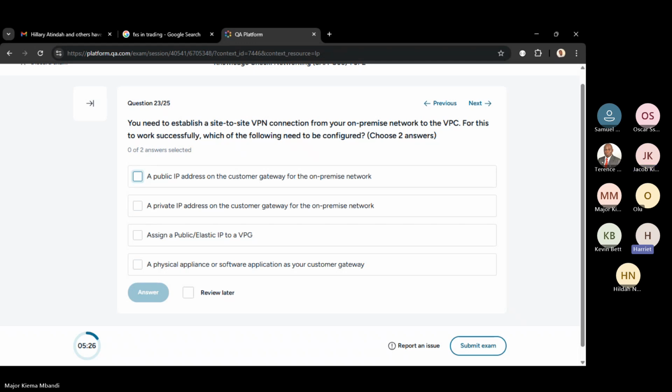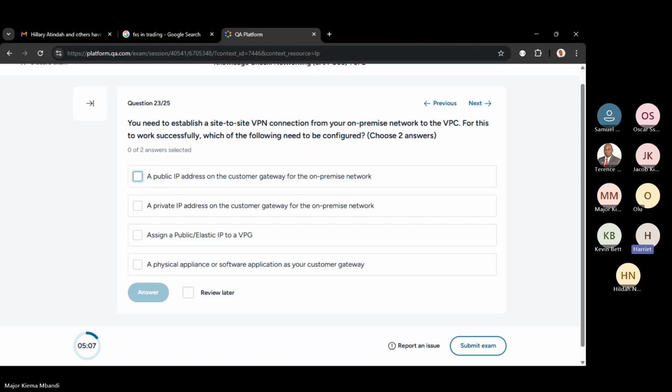Sorry, many pages open on my side. Getting to the question. It says you need to establish a site-to-site VPN connection from your on-prem network to the VPC.